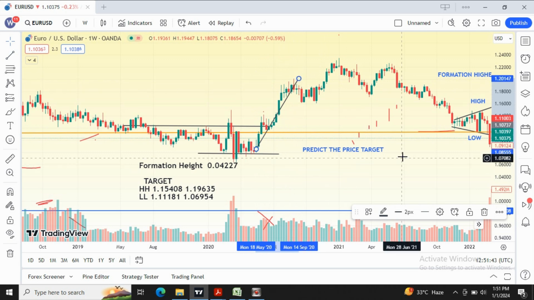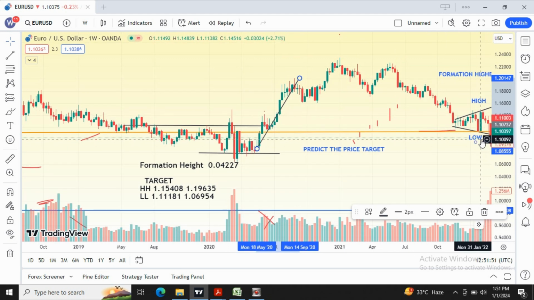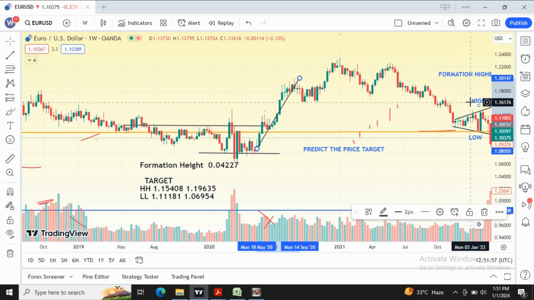Now, let's go for the calculations of the target price. One, you will subtract the ISI from the lowest to get the formation height. You have to firstly get the formation height.